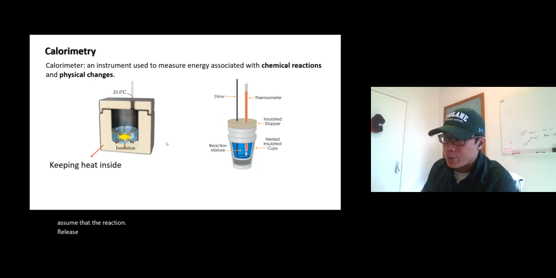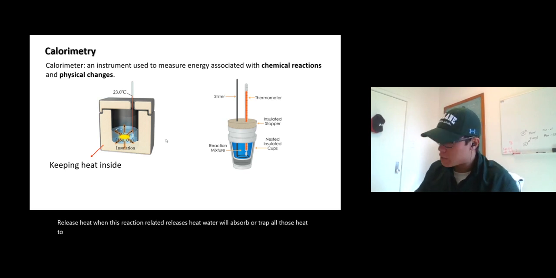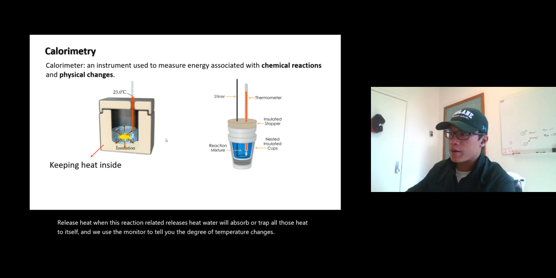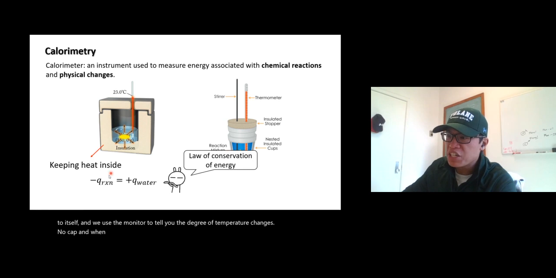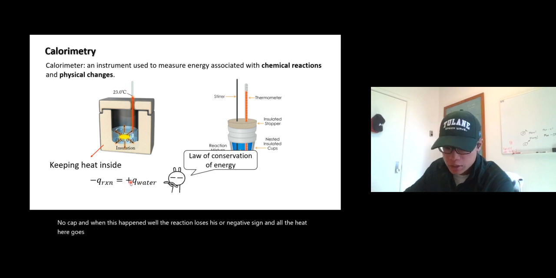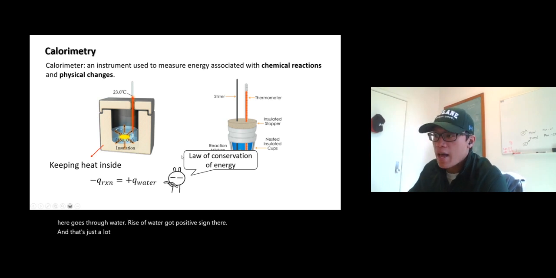When this reaction releases heat, water will absorb or trap all that heat to itself, and we use the thermometer to tell you the temperature change. Okay, and when this happens, the reaction loses heat, so negative sign, and all the heat goes to water, so water gets a positive sign there. See that? And that's just the law of conservation of energy.